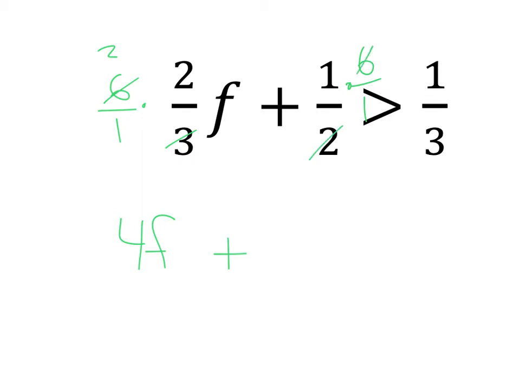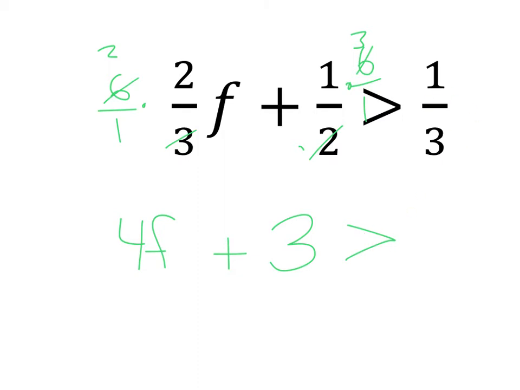This 2 goes into 6 3 times, 2 becomes 1, and then 1 times 3 is 3. Greater than, I'm multiplying by 6. Now if I multiplied by negative 6, I would have to flip this inequality sign, but as it is, I multiplied by 6. I didn't multiply by a negative.